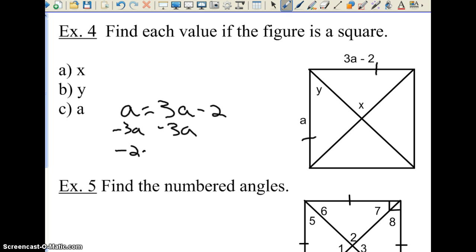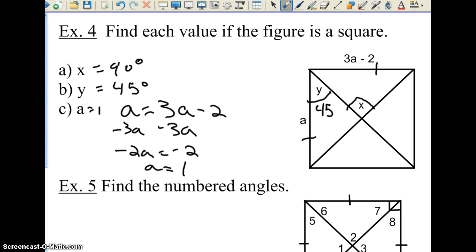You get negative 2A is negative 2. So A is 1. Now X and Y. Well, we know that diagonals are perpendicular, so X is 90 degrees, it's an angle. And Y, well, from what we did just a minute ago, we know that this angle is 45.